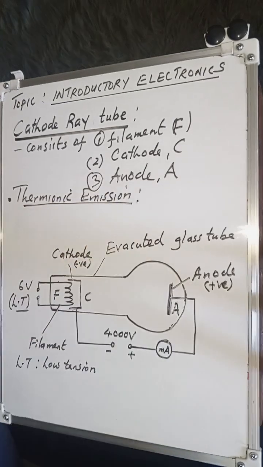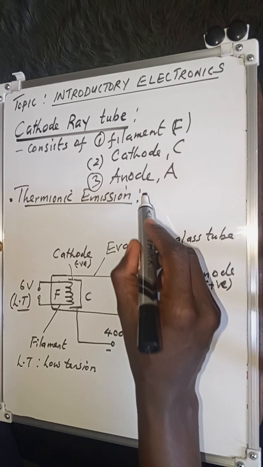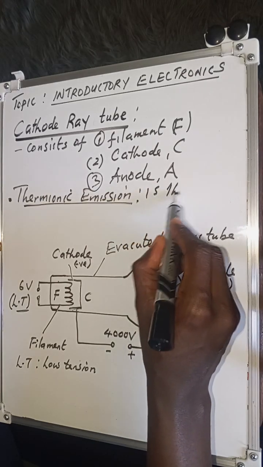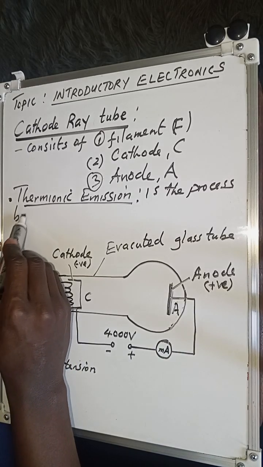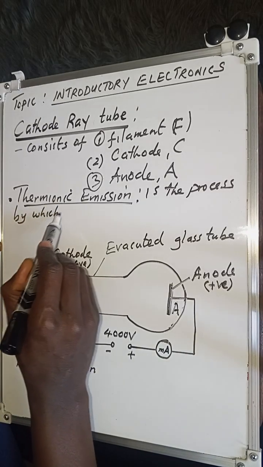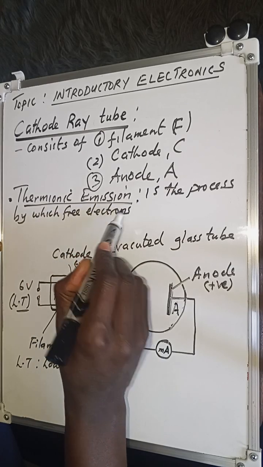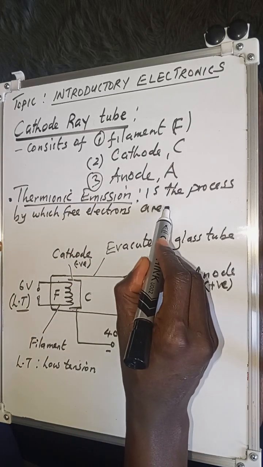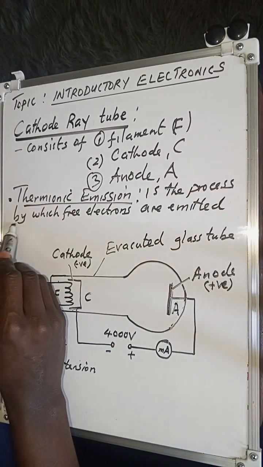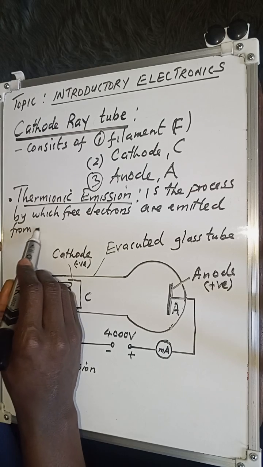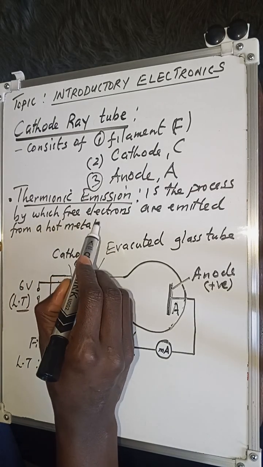So what exactly is thermionic emission? Well, thermionic emission is the process by which free electrons are emitted from a hot metal surface.